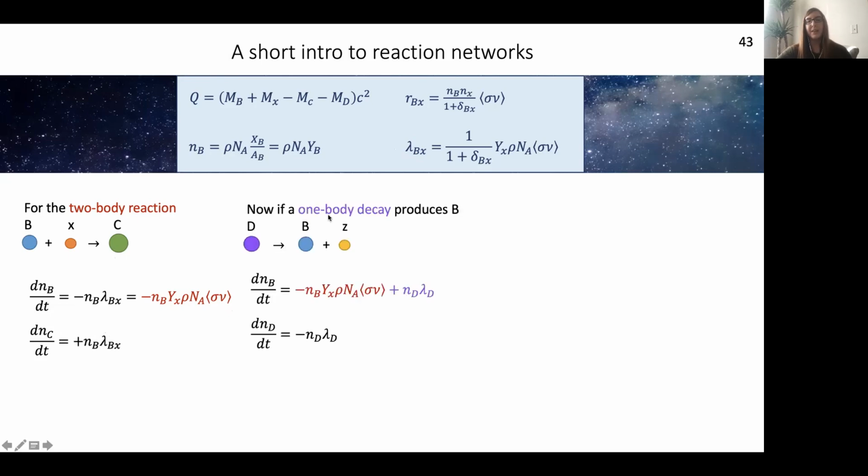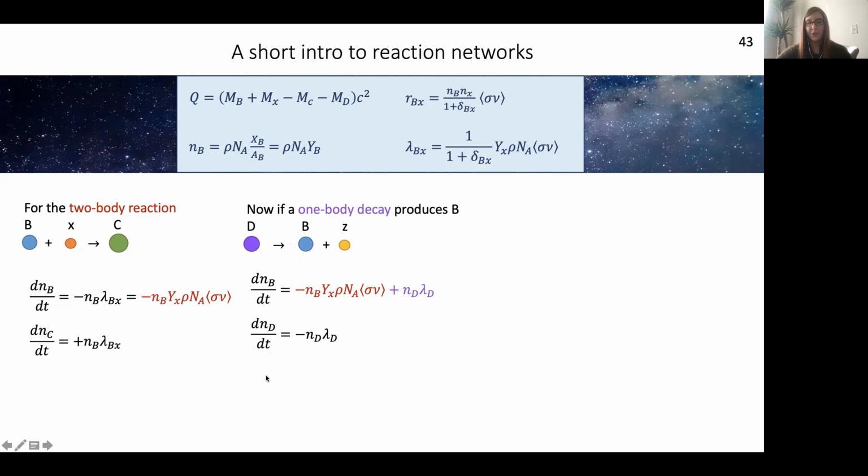Okay, now say that you have an additional thing to consider when it comes to the abundance of B. Say that you have D decaying into B plus C. Then you have the same piece from before, from when B was reacting with X, but now you have that B can appear when D decays. So you have to add a term which is dependent on the number density of D times the rate at which D decays, okay?